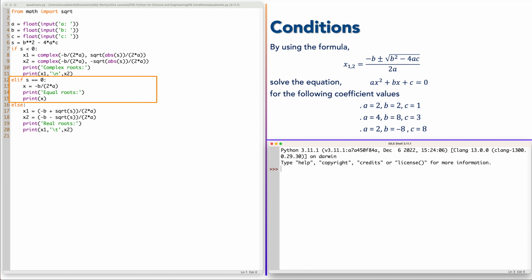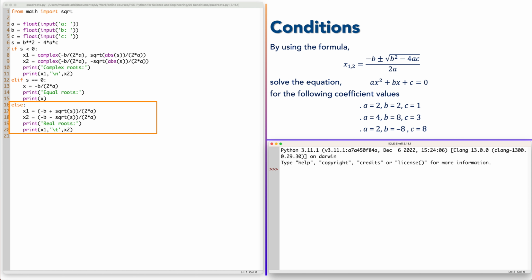Now, elif or else if s equals 0, when there's no value under the square root, and we know that there are two equal real roots in this situation. So we can calculate only one value for x, and then we print that there are equal roots and print x.